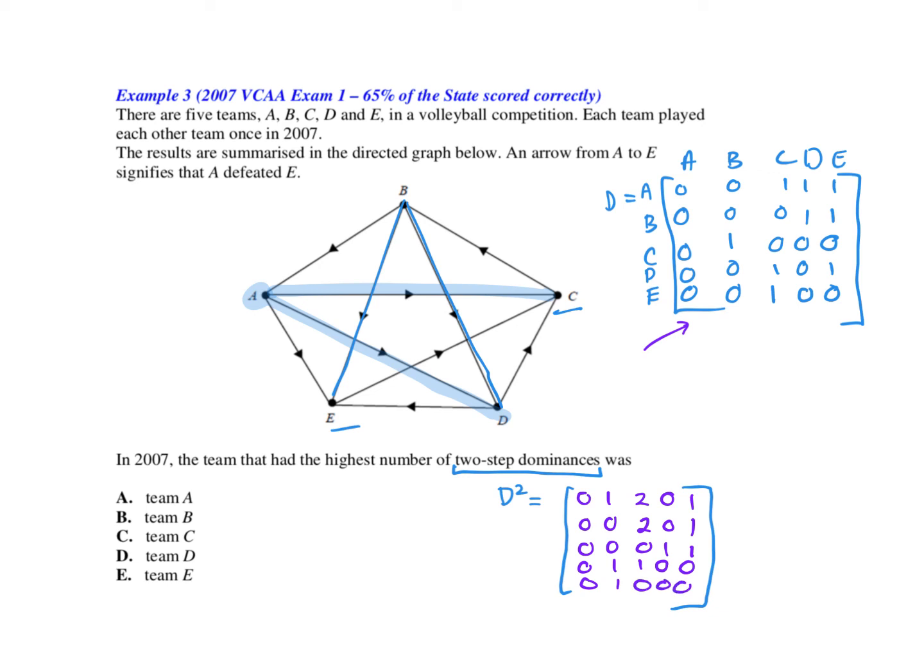So we've squared the dominance matrix. Now they only want 2 steps, so I'm going to add up these rows, just the D squared. This one is 4, this one is 3, this one is 2, this one is 2, and this one is 1. So the winner, the highest 2-step dominance, is Team A.